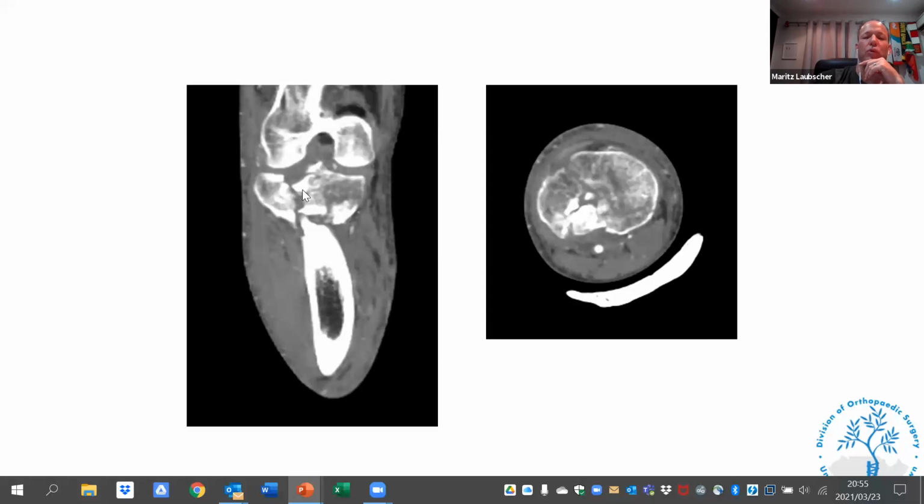What we would normally do here is mini open, or open as big as needed, to elevate that piece and put 1 or 2 subchondral screws to restore the condylar width and also keep that depression elevated. We're still going to put wires underneath, so we don't then need a void filler.